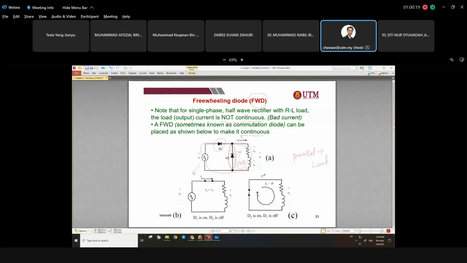It is represented by the second diagram on the right hand side. This diode becomes an open circuit because in the negative half cycle, D1 cannot function, but D2 can function. The bottom one is D2. Why? Because the inductor is able to store and release. During the first half cycle, the inductor is being charged.